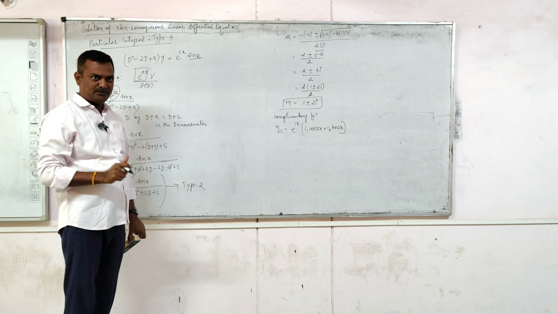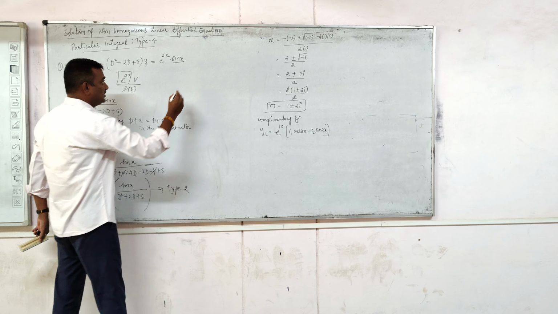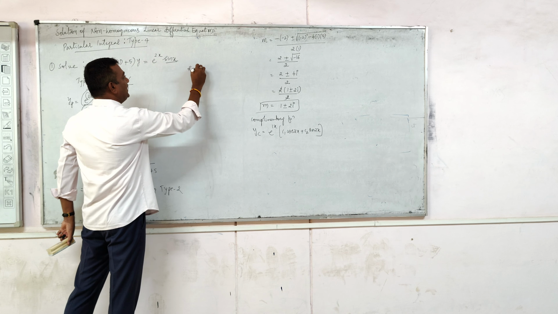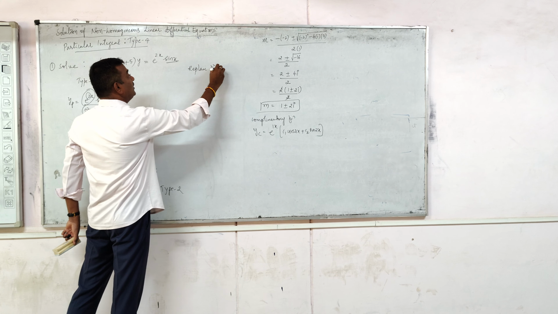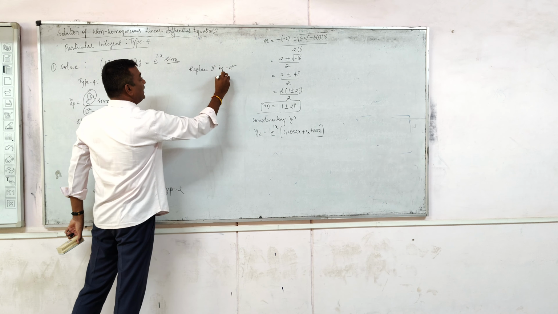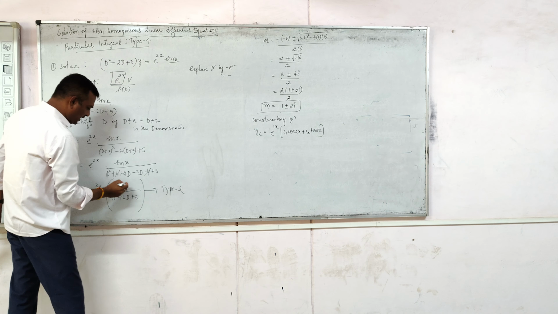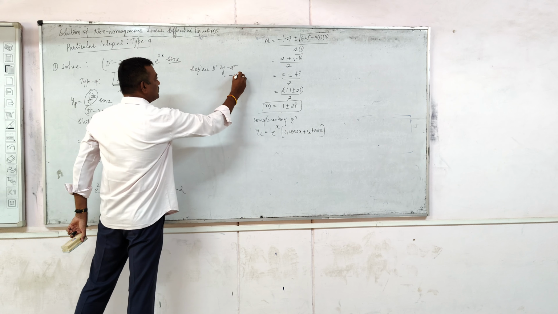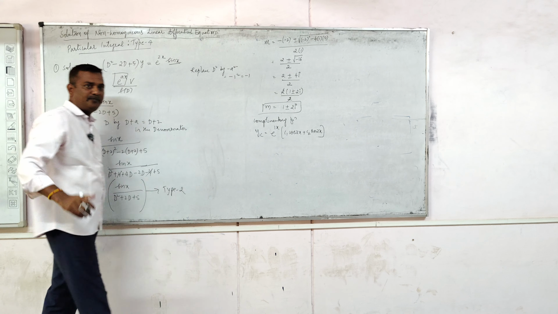How to achieve that? Since it is type 2, we have to replace d square by minus a square. Look at the value of a: the coefficient of x is 1, and 1 square is just 1.